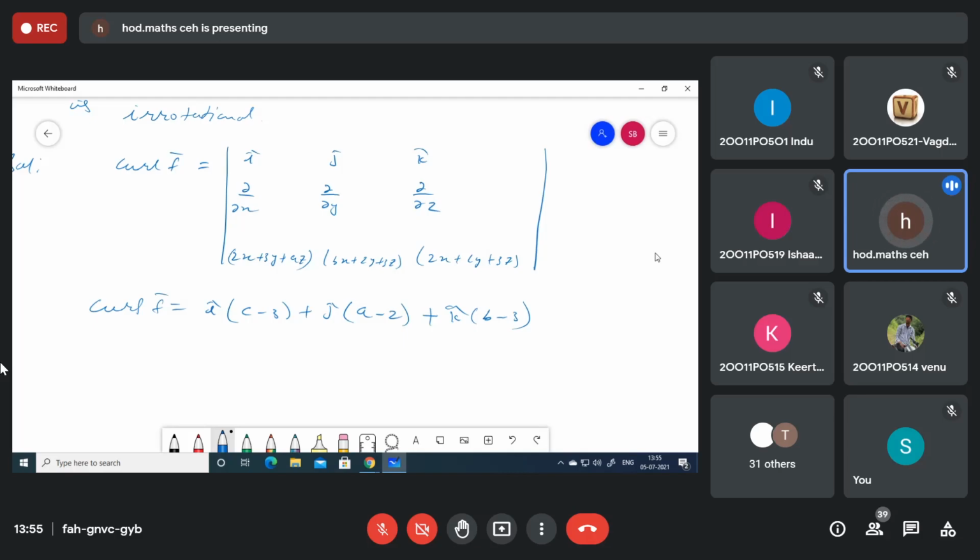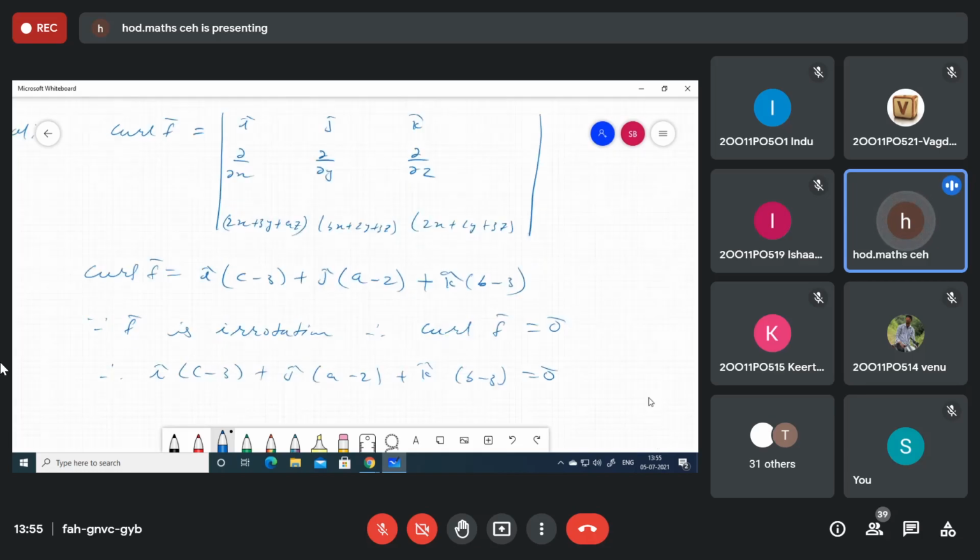But here it is given that the vector is irrotational. Since f bar is irrotational, therefore curl of f bar must be equal to 0 bar. Therefore, curl of f bar is i cap (c minus 3) plus j cap (a minus 2) plus k cap (b minus 3) equal to 0 bar.